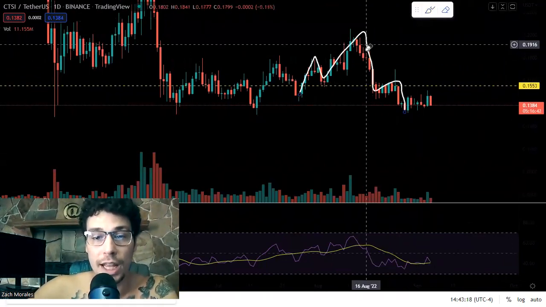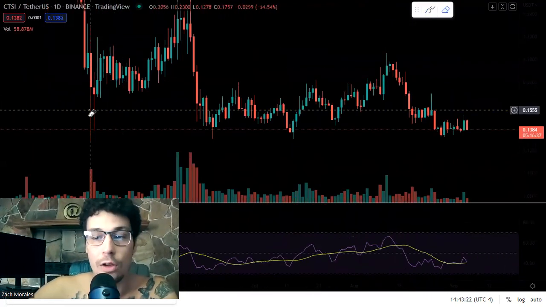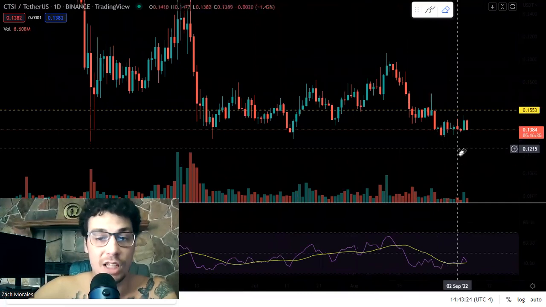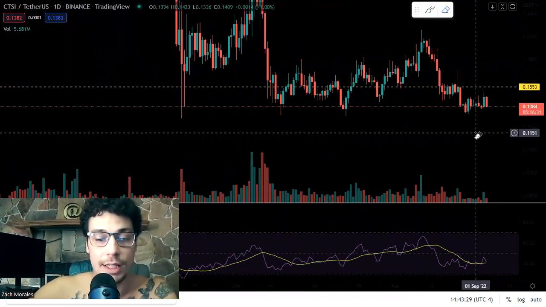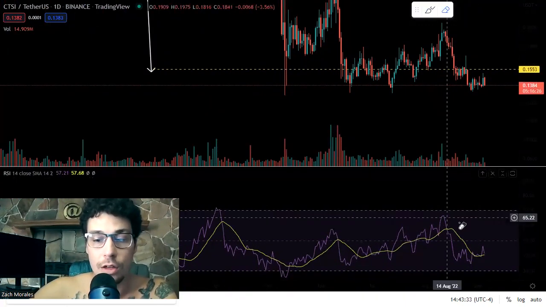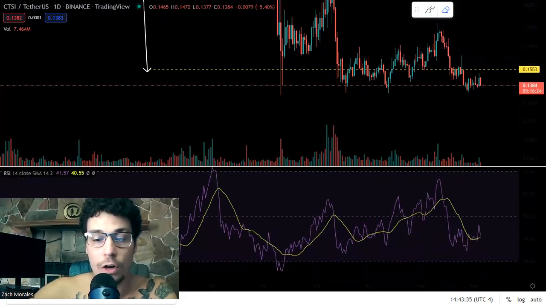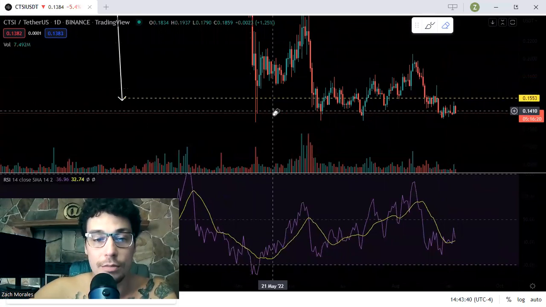Now, the bullish case that I have for this, okay, is again, we just saw how important this level was, basically at 15 cents, right? Are we going to be able to get past it? That's a big question you should be asking yourself. Well, what I want you to do is take a look down here at our RSI, okay? This is the relative strength index, and this is where you can start to spot some divergences.